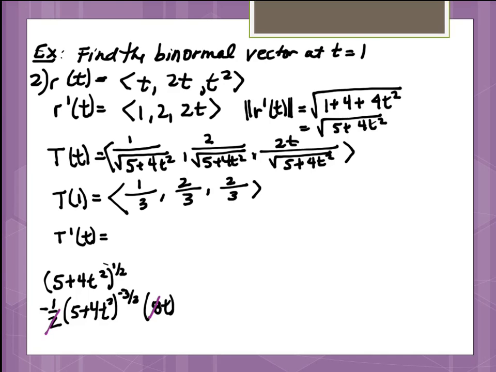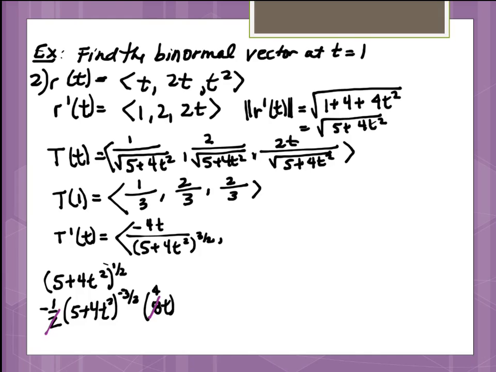And I can move the power of 3/2 to the bottom. So the first one and the second one are almost exactly the same. The first one is going to get a 4 here. So -4t over 5 plus 4t squared to the 3/2 because we moved it down.